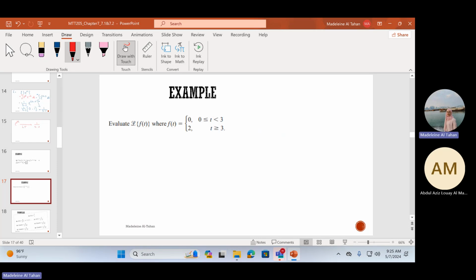So if you want to sketch this function, it is 0 to here, and this is the function that we want to find. It's one function, but we say piecewise because it's defined over intervals.